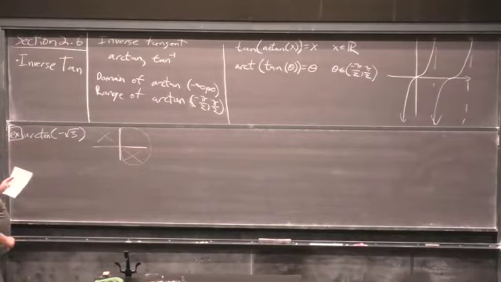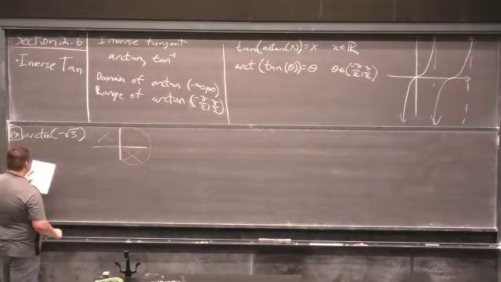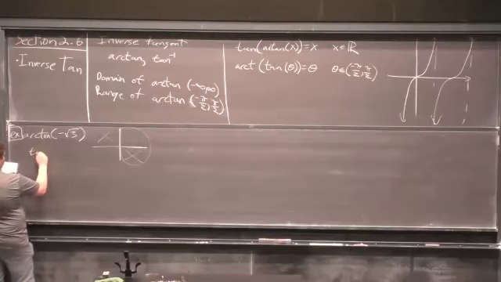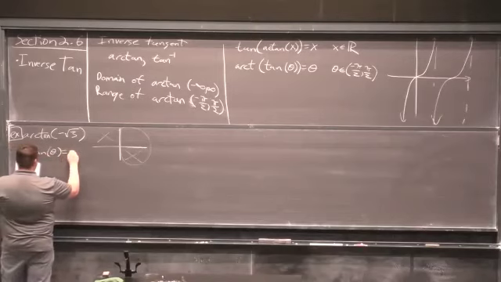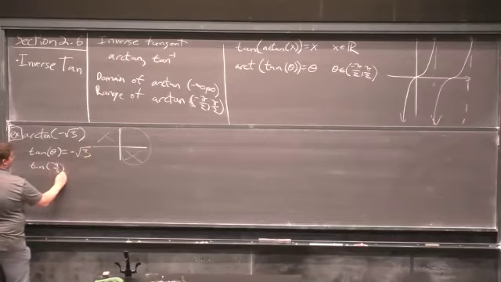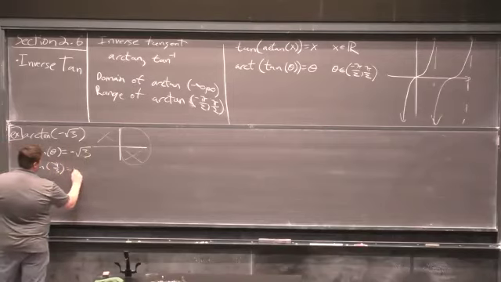So now we can write down, okay, tangent of what theta is equal to negative square root 3? Well, we know that tangent of pi over 3 is square root 3.